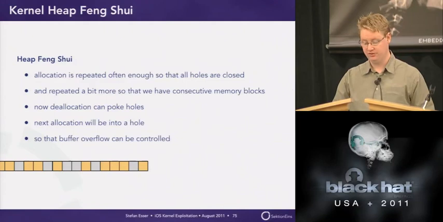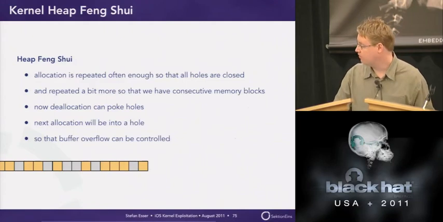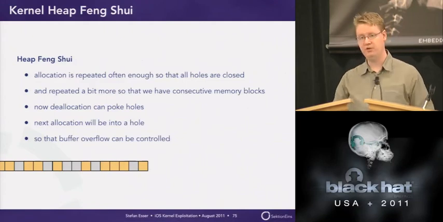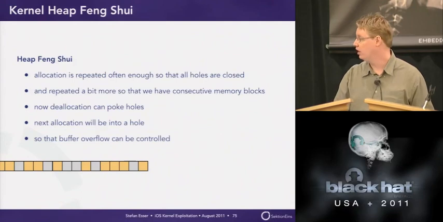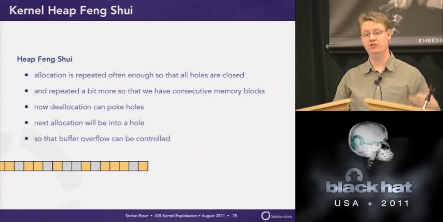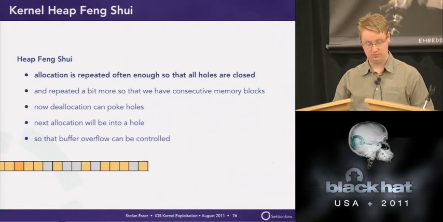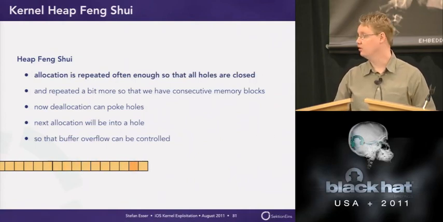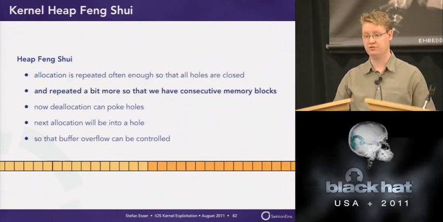Normally, the orange boxes are allocated memory, and the gray boxes are holes in the memory. What you do first is allocate memory of this block size as often as there are holes. And afterwards, you allocate some more so that you have a bunch of consecutive memory blocks.